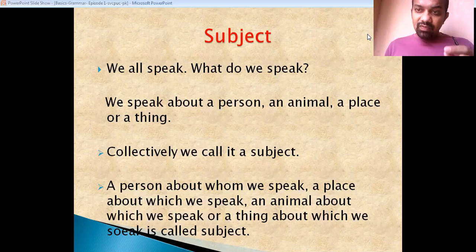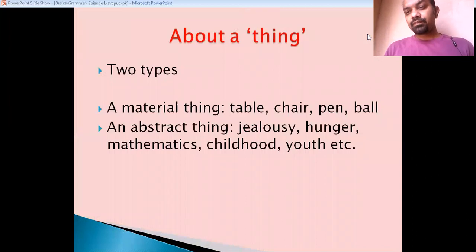Let me tell you one thing about a thing. There are two things: a material thing and an abstract thing. Material thing, which has a mass and volume: table, chair, pen, ball, pin, spectacles, shirt, material things which you can really see.